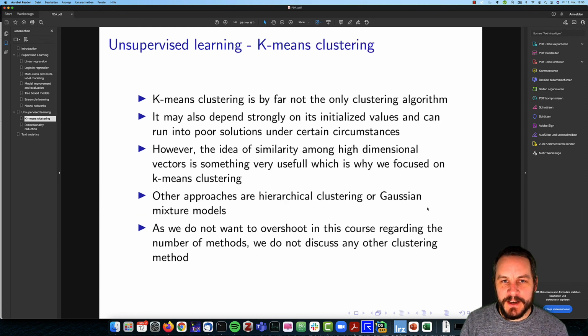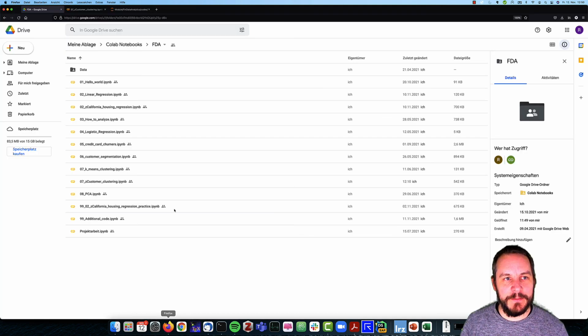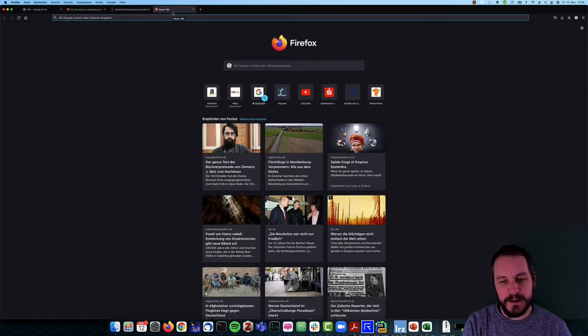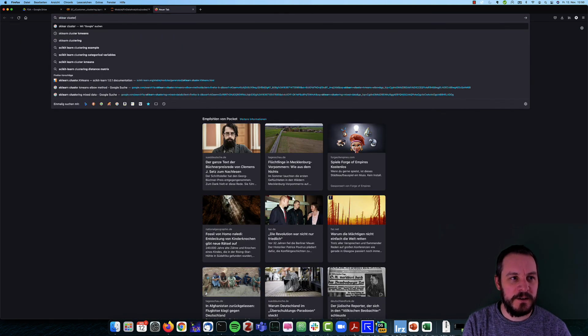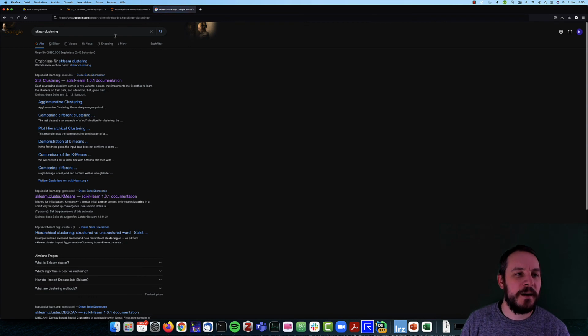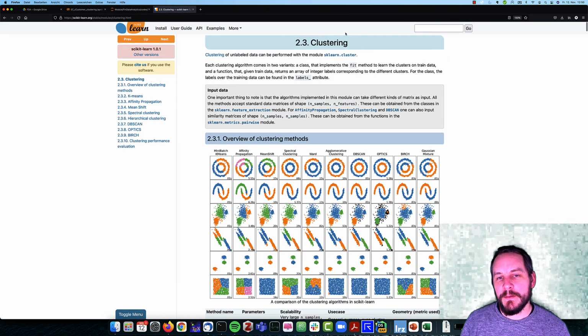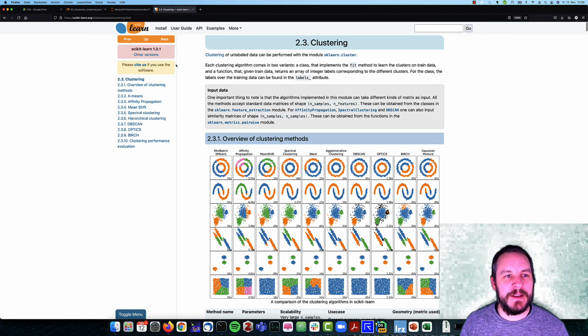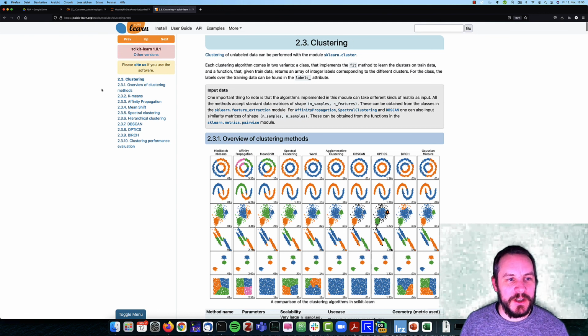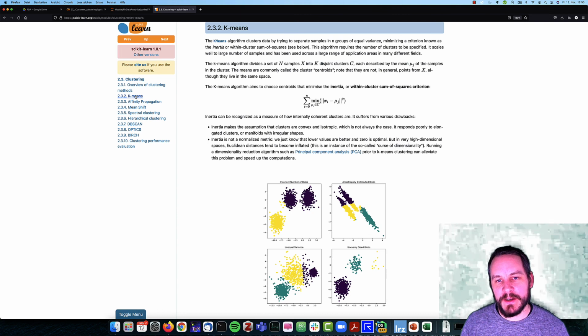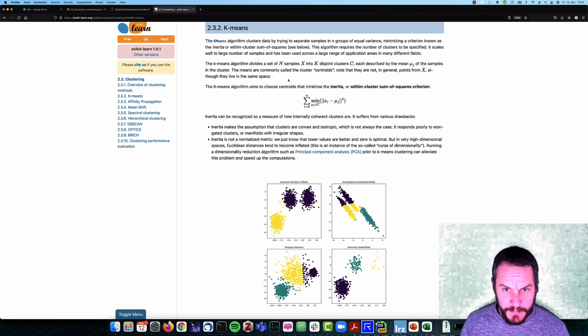All right, so that is basically what you need to understand about k-means clustering, or at least a short introduction into the idea of clustering. As always, if you're Googling sklearn clustering, then you will find very good documentation of all the basic clustering algorithms that are implemented in the sklearn package, and you will find the k-means clustering here in its explanation.